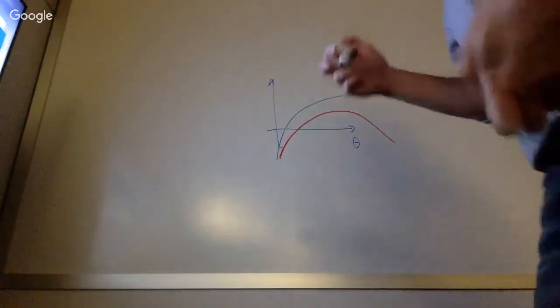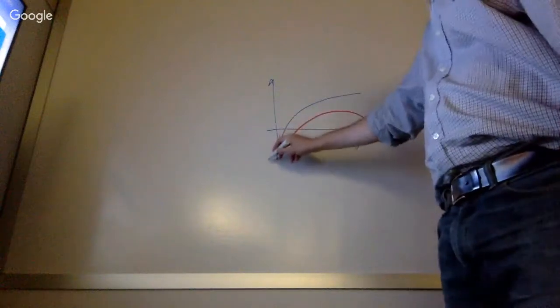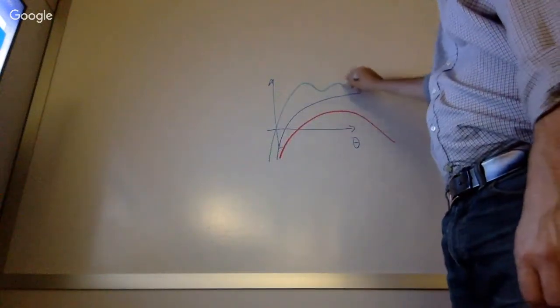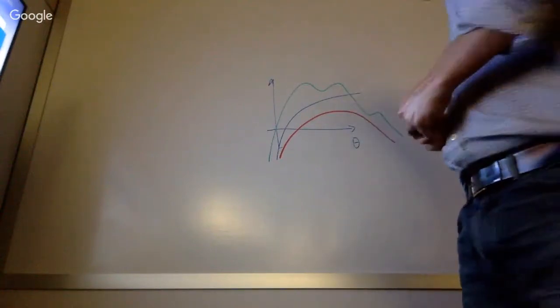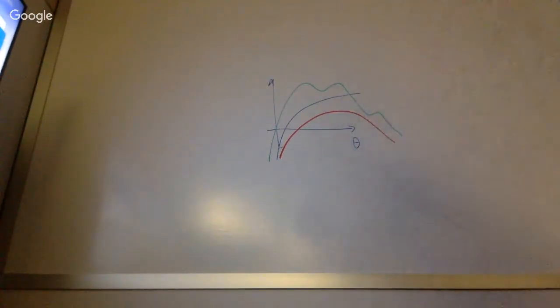But then you may have something like this, a green curve. Logistic regression may be the blue curve or the red curve, so don't worry too much about local maxima.